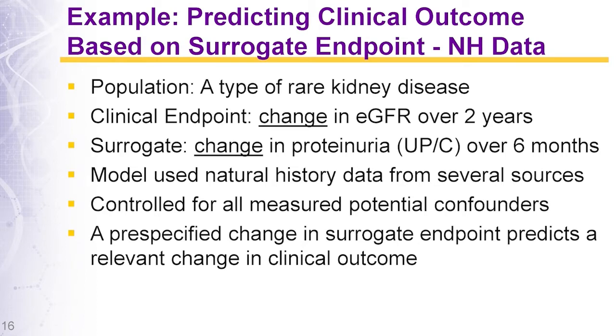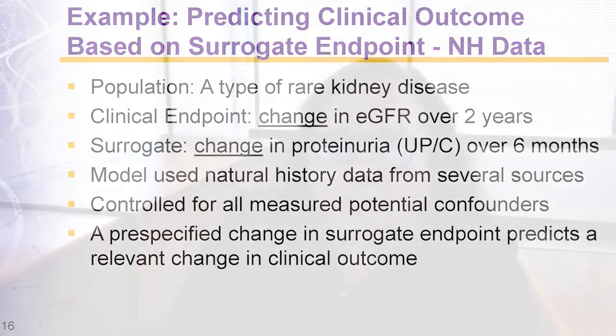Fortunately, there was this rich set of data that included measurements of potential confounders. So the models that were built controlled for potential confounders. And at the end, it was successfully shown that a pre-specified change in surrogate endpoint predicts a relevant change in clinical outcome.